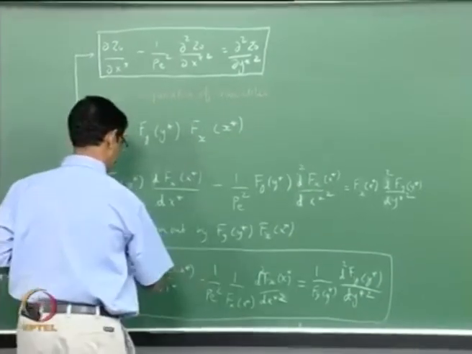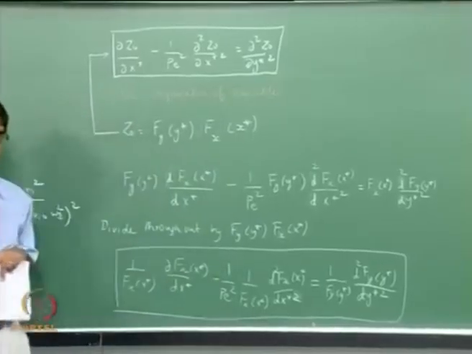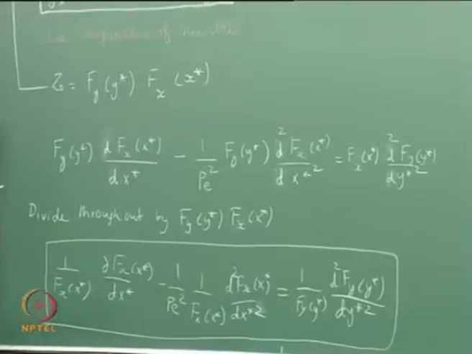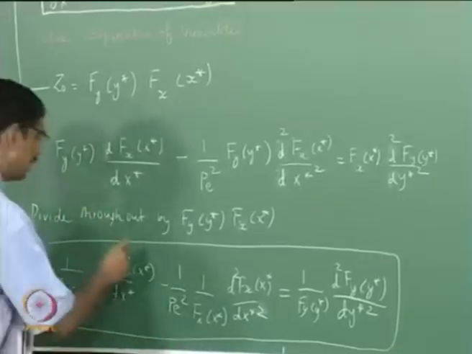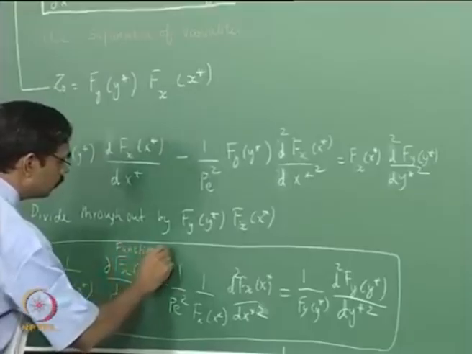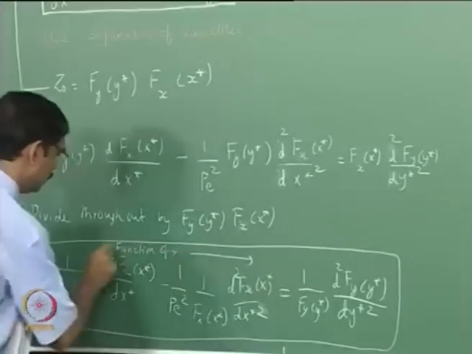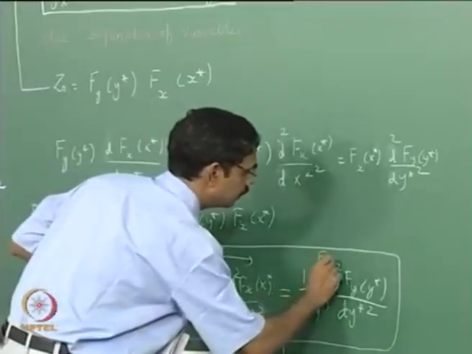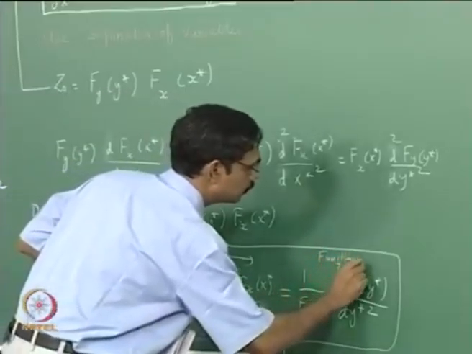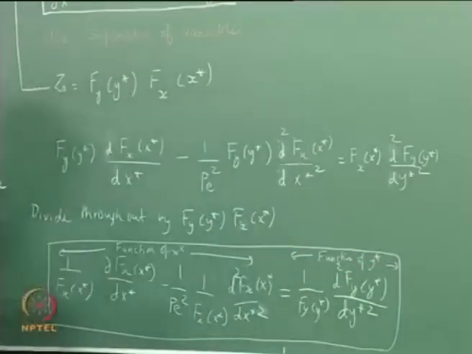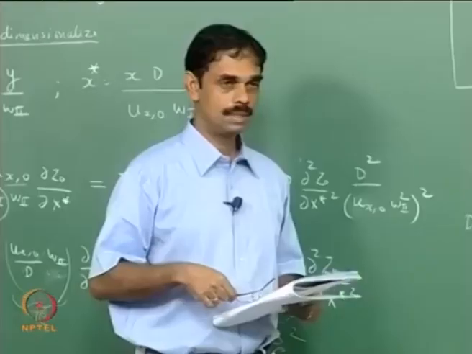So the left hand side is a function of x, this part x star actually, and this is a function of y star. So if a function of x star equals a function of y star, then both functions should be equal to a constant.